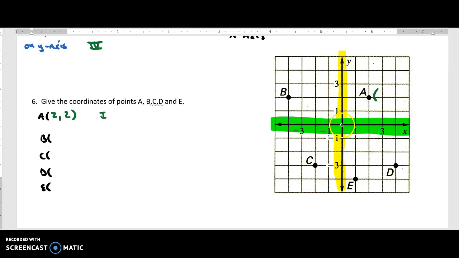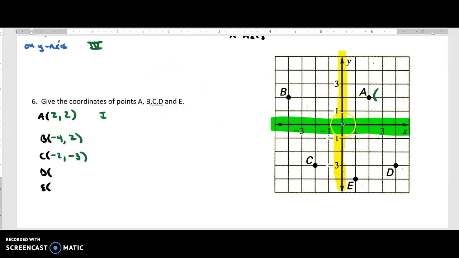Point B, if I start at the origin, I go left to -4, so x is -4. I go up to 2, so y is 2. And obviously that's in quadrant 2. C, if I look, I start at the origin, I go left 2, so x is at -2, and I go down to -3, and that's the ordered pair there.